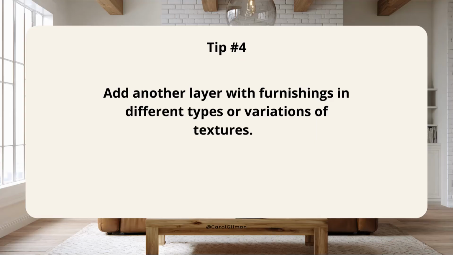Then you come back in and add other layers and other elements in the room where you bring in other types of textures, thinking about those opposite types of textures. When you start to bring in bigger pieces in the room, say a sofa in a living room or a bed in a bedroom, think about what would be the opposite type of texture compared to what you have going on with that design so far with the flooring and the walls.